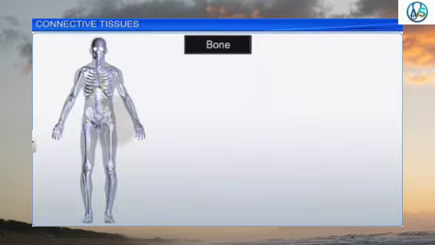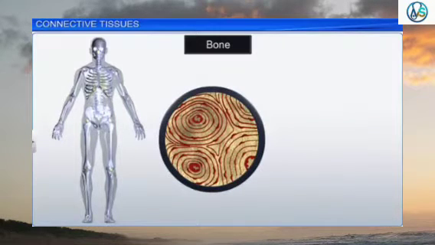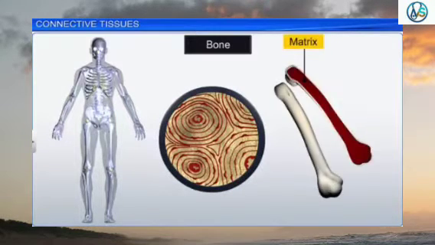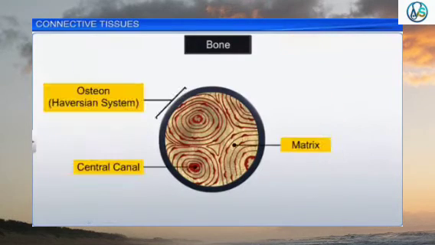Bones have a hard and non-pliable matrix which is rich in calcium salts and collagen fibers. This provides strength to the bones. Bone cells or osteocytes are present in spaces called lacunae.